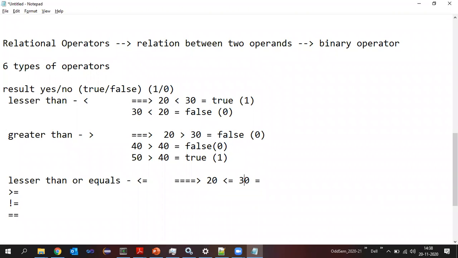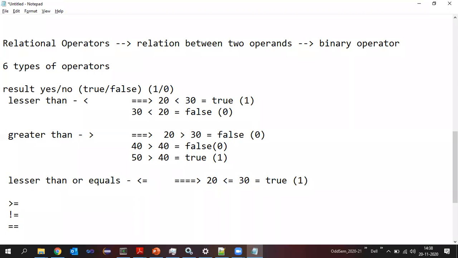Try to understand this very cleanly. The first operand is 20, the second is 30, and the operator is less than or equals to. Tell me whether 20 less than or equal to 30 is true or false. It is true, so it is 1.